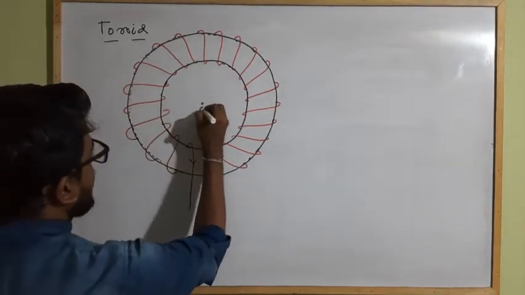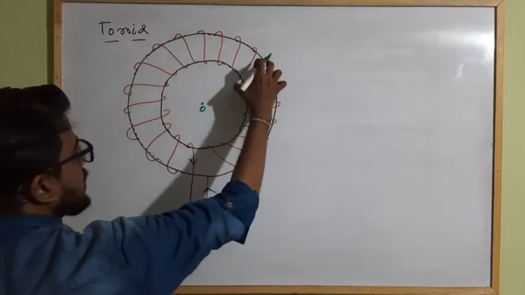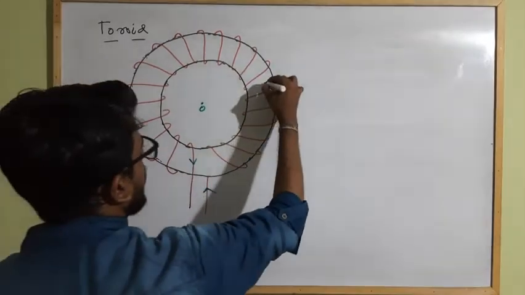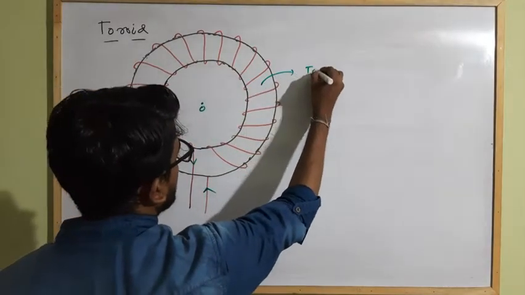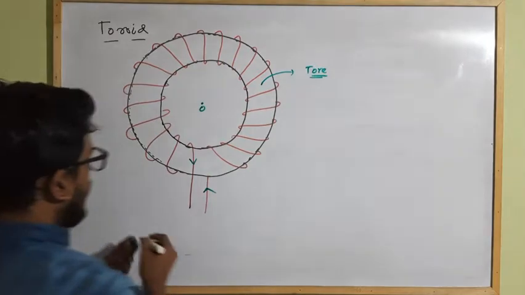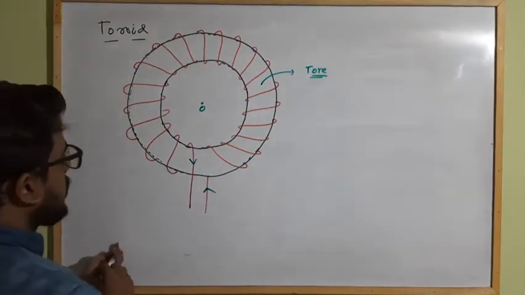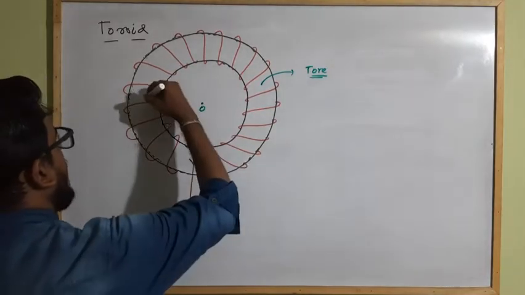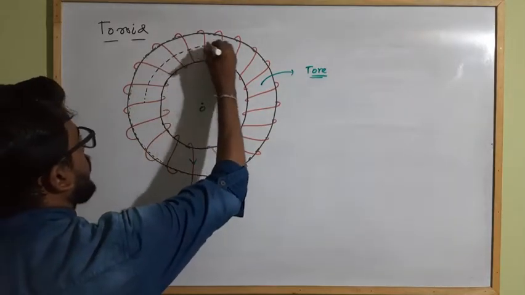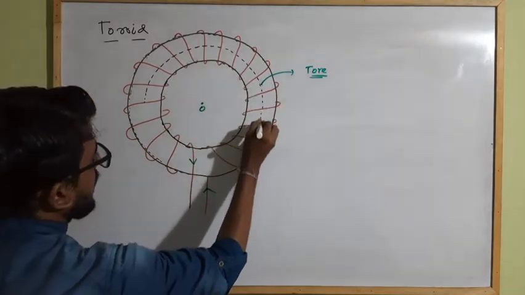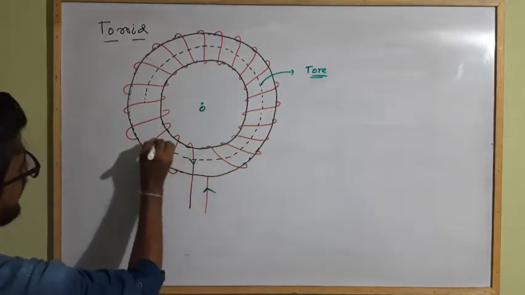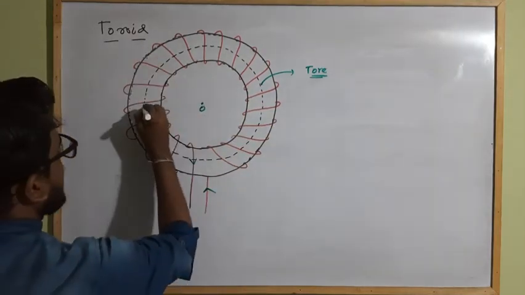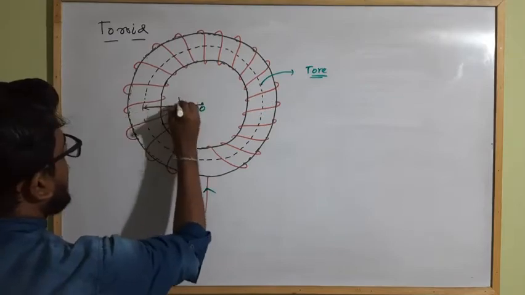This is the center of the toroid, and this segment is known as the tor of the toroid. And the average radius of the tor of the toroid, let it be R. The average radius of the tor of the toroid is R.